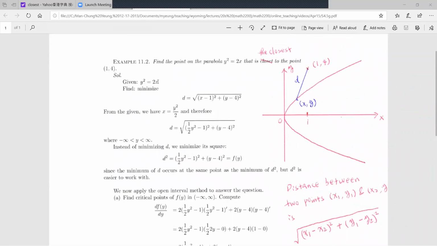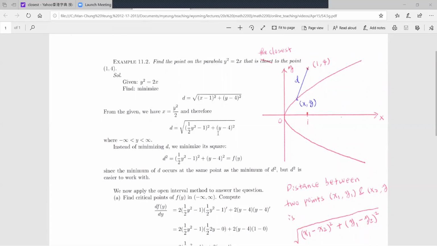From the given, we have x is y squared over 2. I plug this equation in for x, then I get this. So x, the variable, is gone from the d equation. So d only depends on y.